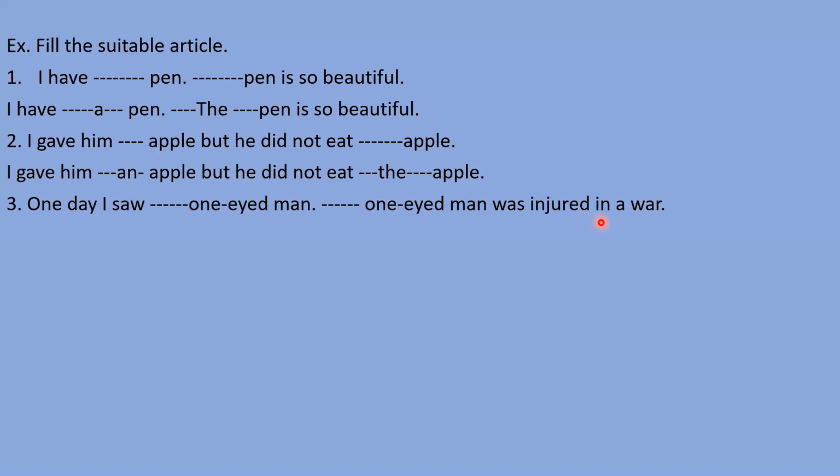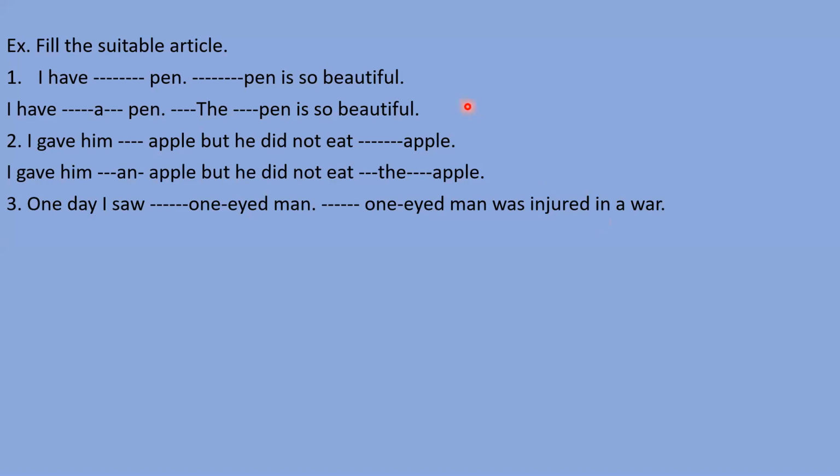First is indefinite, sir, because we do not know which one-eyed man we are talking about. That's why we have used a there. In the second fill up, we have come to know which is the one-eyed man. That's why we have used the here, because the is used for definite nouns. Okay, sir. It's the right answer.